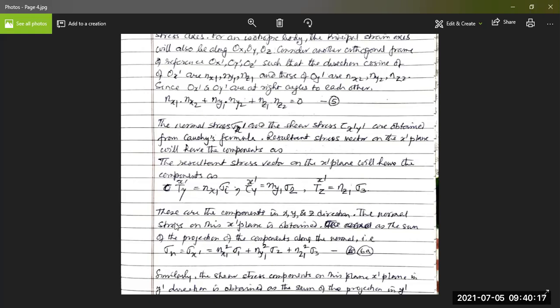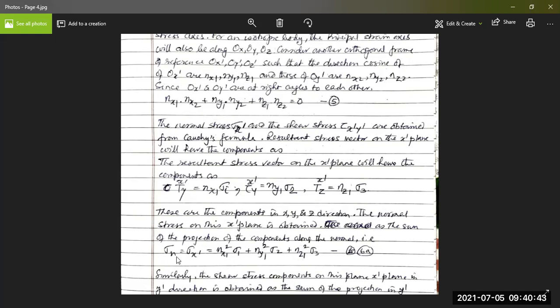Now, these are the components in x, y, and z directions. The normal stress on this x plane is obtained as the sum of the projections of the components along the normal. So we have to multiply these by nx1, ny1, and nz1 again.